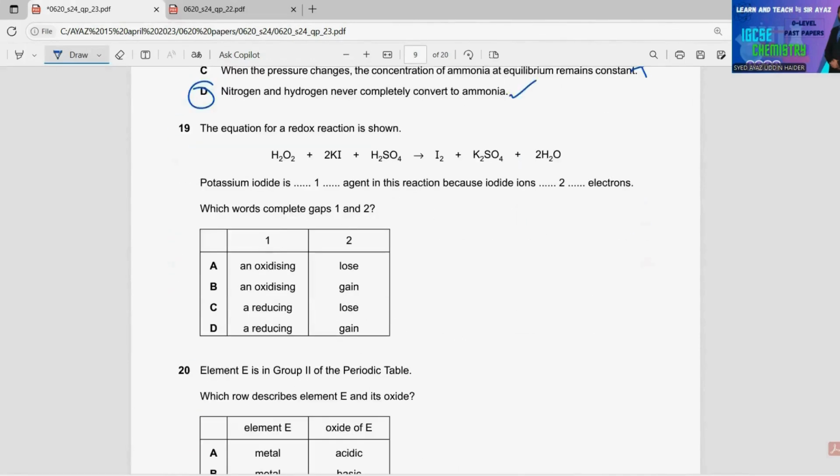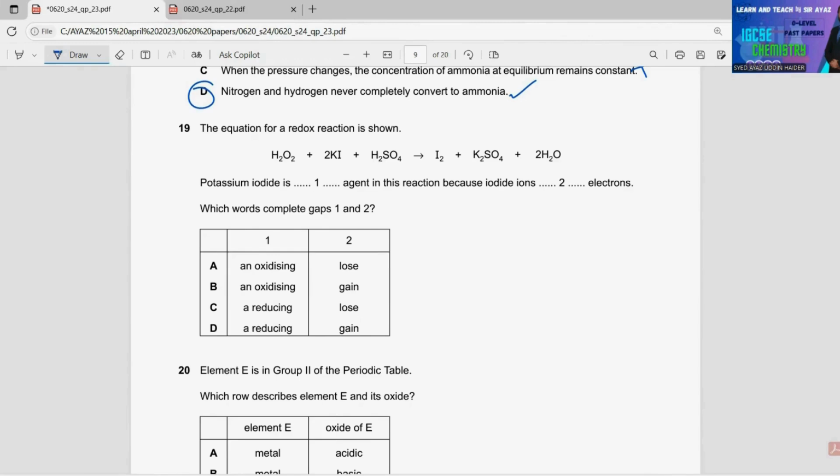Next MCQ. The equation for a redox reaction is shown. We have H2O2 plus 2KI plus H2SO4 gives I2 plus K2SO4 plus 2H2O. Potassium iodide is a blank agent in this reaction because iodide ions blank 2 electrons. Which words complete gaps 1 and 2?